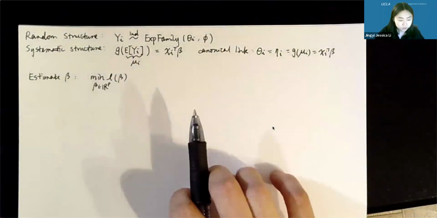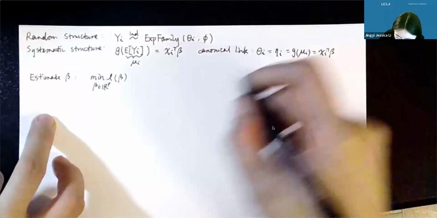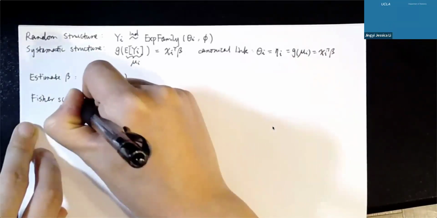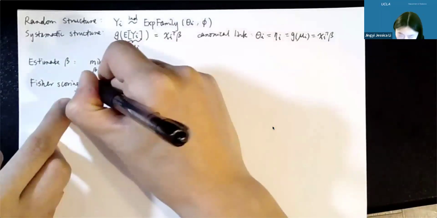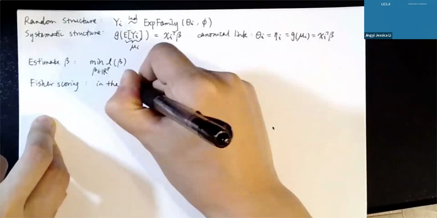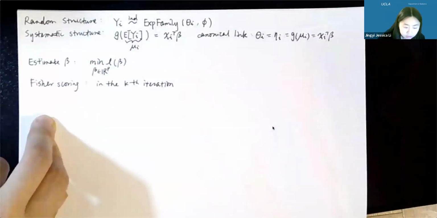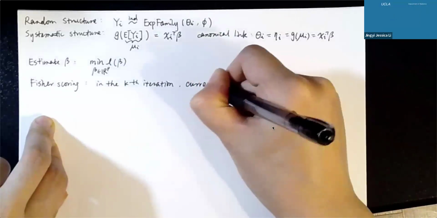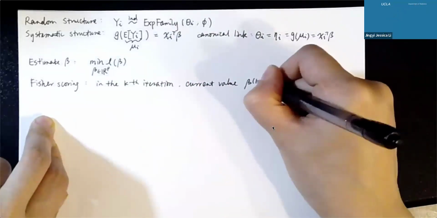So in short, for Fisher scoring applied to this problem, we have this update. I'll use the notation more consistent with the notes. In the kth iteration, suppose that our current parameter value is denoted by beta k.